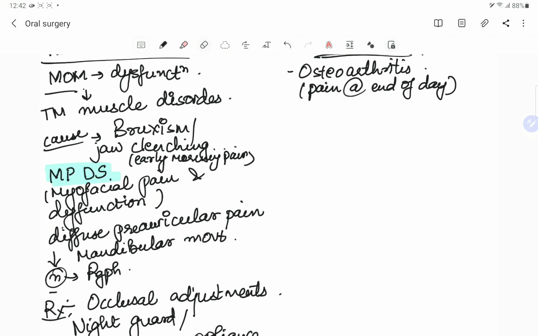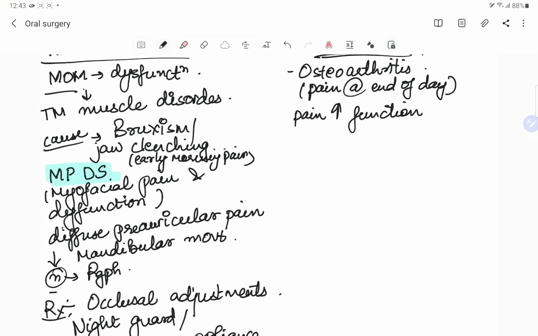So, that can also lead to osteoarthritis or osteoarthrosis, basically a degenerative joint disorder, or it can be neurogenic inflammation of the joint. The person will have pain, and a clicking or popping sound. When the patient is chewing, eating food, the pain is with function, when the person is using the temporomandibular joint.